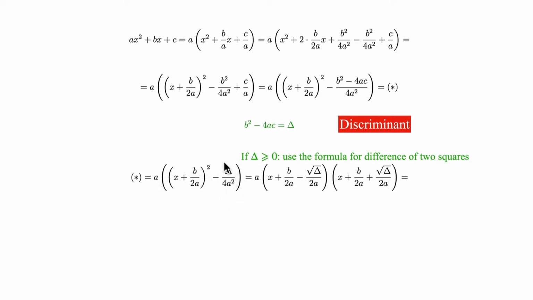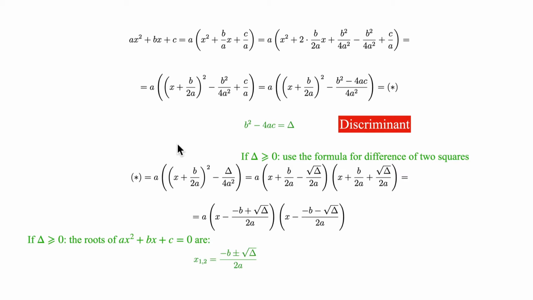So the second one is simply the square root of this expression, right? And here you have application of this formula, so that it's a product of the sum and the difference of the elements which are being squared here. And by this you get factorization of this second degree polynomial.